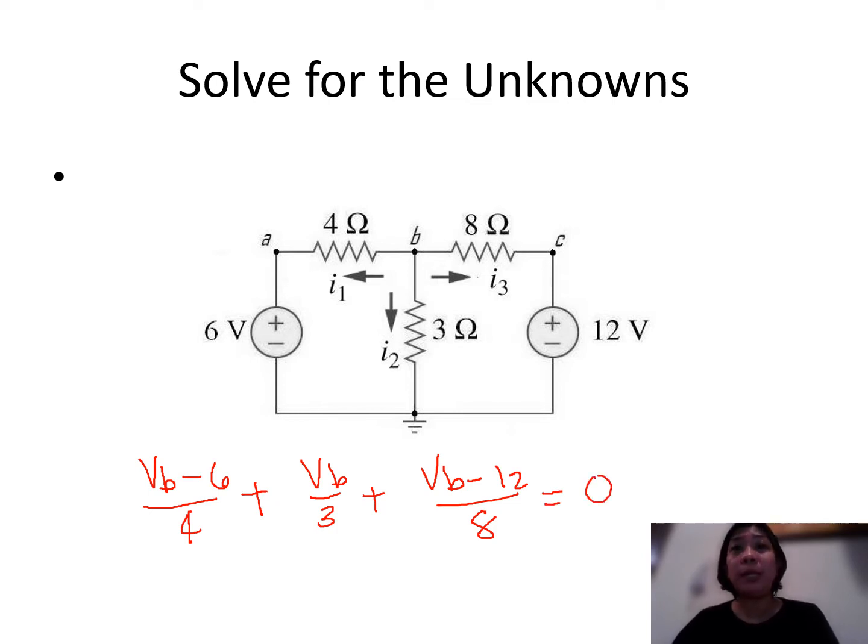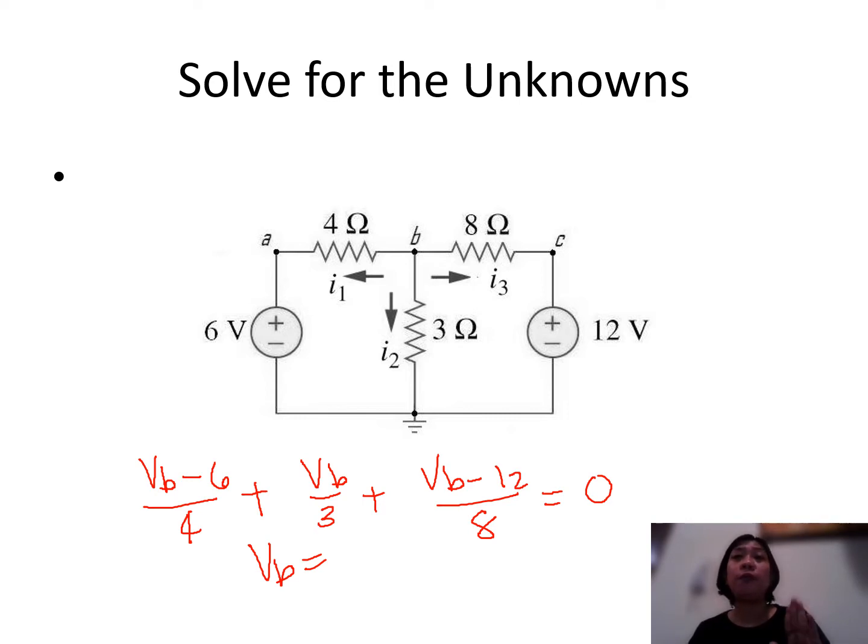So we only have one unknown here, so solving this equation means you're going to solve for VB. See, we only need one equation to solve for these three unknown currents. If you're going to make use of the Kirchhoff's laws, you will be needing three equations because our unknowns are I1, I2, and I3.